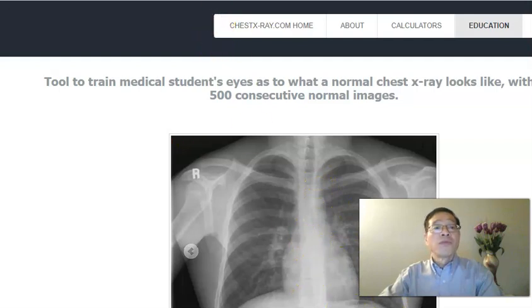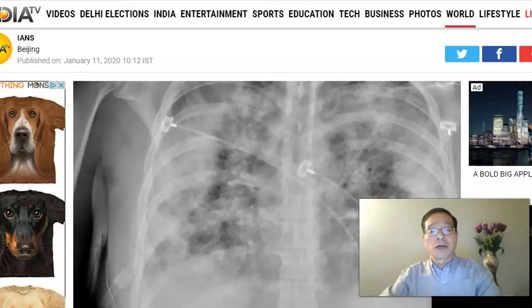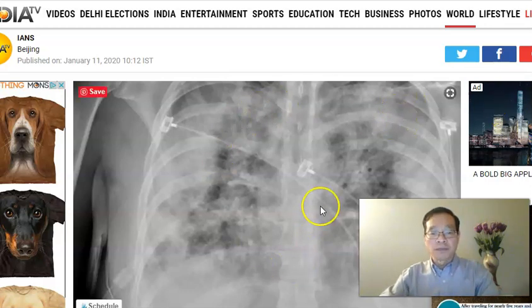And when you have an infection in the lung, the lung becomes completely white because of inflammation. So oxygen cannot get into the lungs, and that will cause respiratory failure.